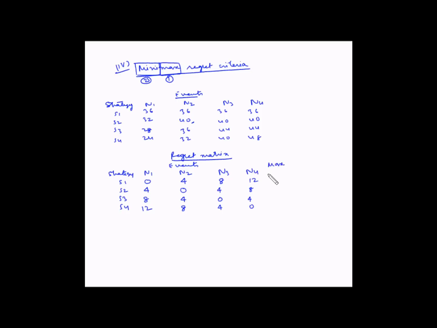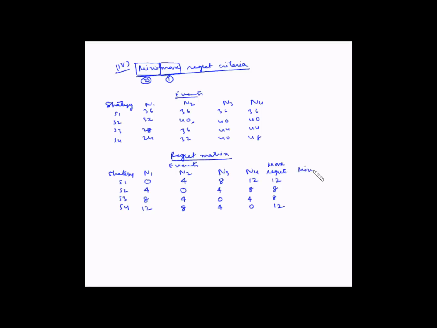Now, as indicated earlier, first you have to find the maximum of the regrets. So, max regrets. For S1, maximum is 12. For S2, it is 8. For S3, it is 8. And for S4, it is 12. Now, out of these maximum regrets, basically we want to minimize the regret and find the one which is the minimum, because that then will be the best strategy.